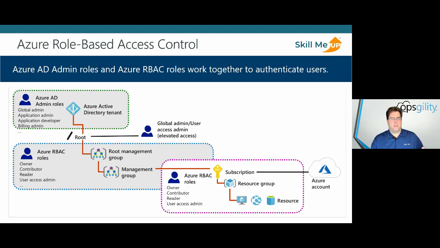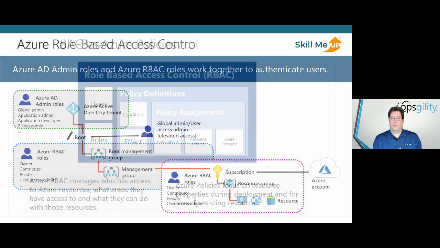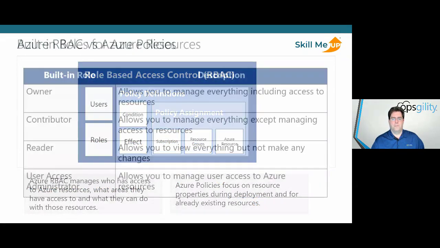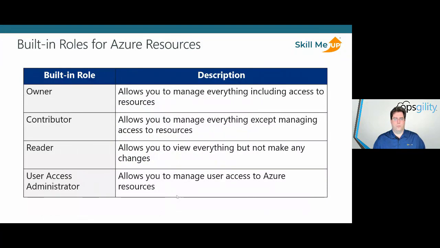In some cases you may utilize Azure Active Directory roles instead of role-based access control roles, but role-based access control roles can get much more granular with your resources, down to the resource level and what they're going to do. And the typical roles within there are the owner, the contributor, the reader, and then user access administrator.